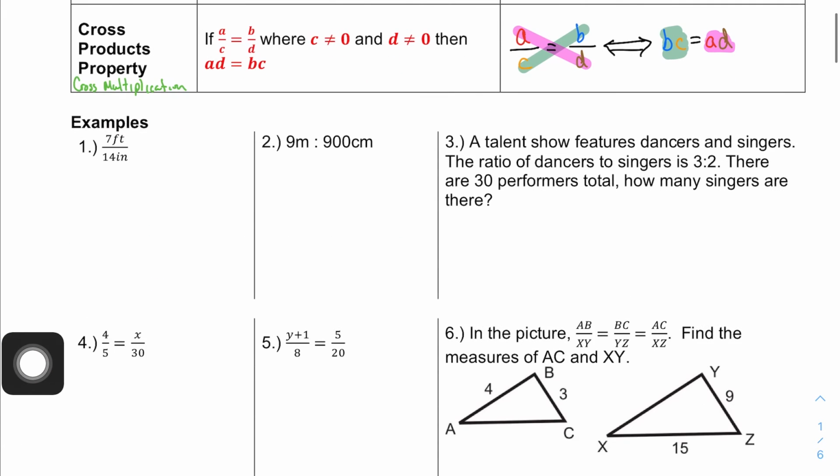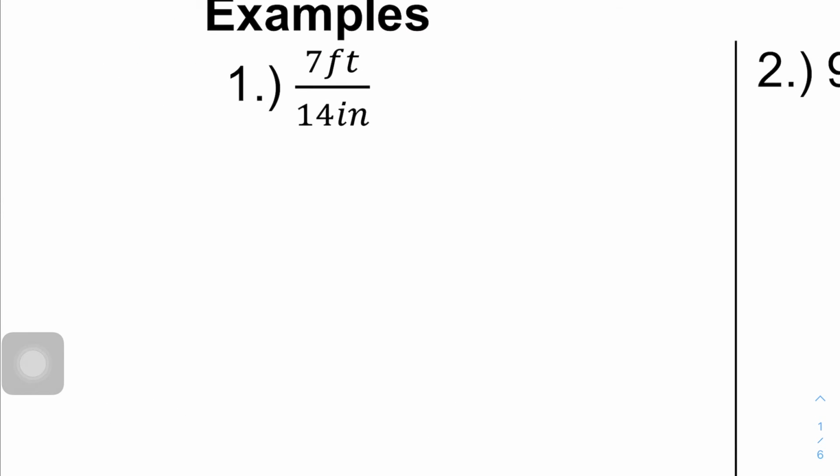So let's take a look at some examples here. Right? If we have a ratio and we need to simplify, we need to get it into the same units. If you recall, 1 foot equals 12 inches. So I'm going to quickly convert 7 feet into inches.